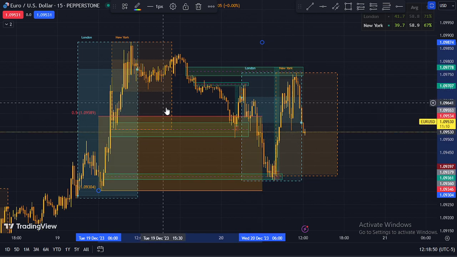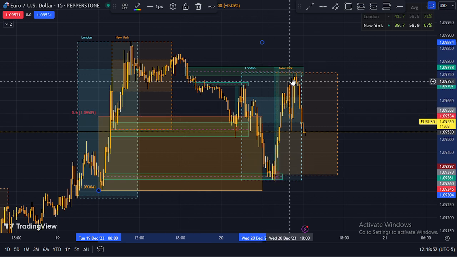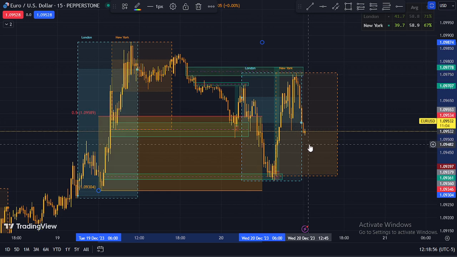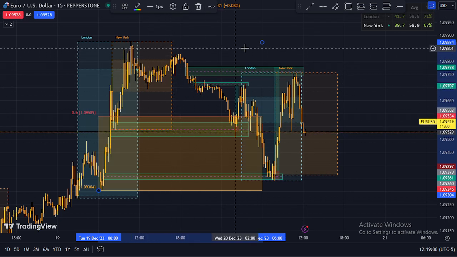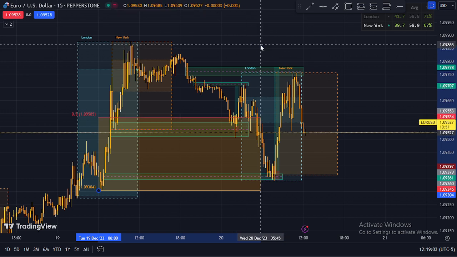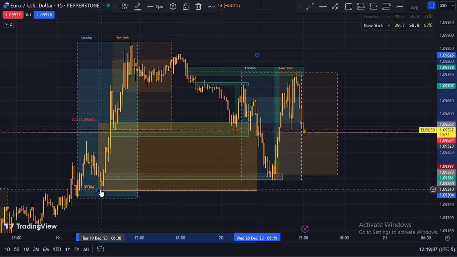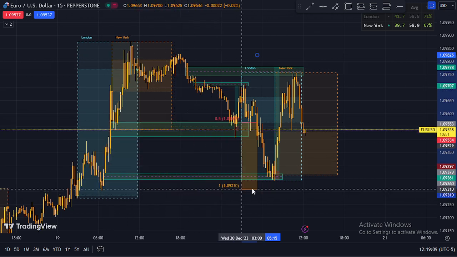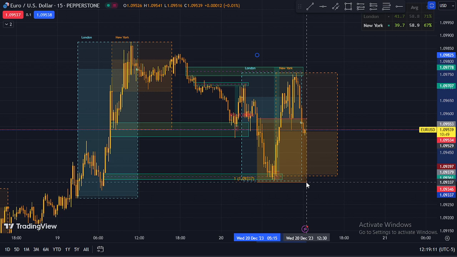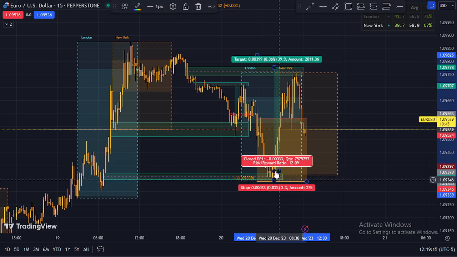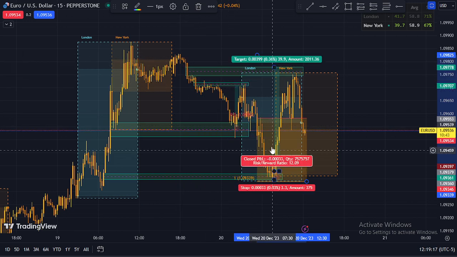So the other way that you could have framed maybe this entry from up here to down here, you could have maybe taken, let me show you, take this fib, anchor it to that high, this high, and then anchor it to this low. So we're in between this dealing range from this high to this low.